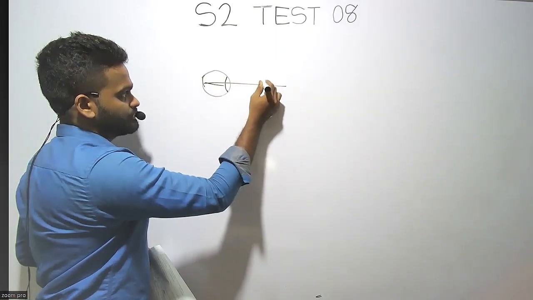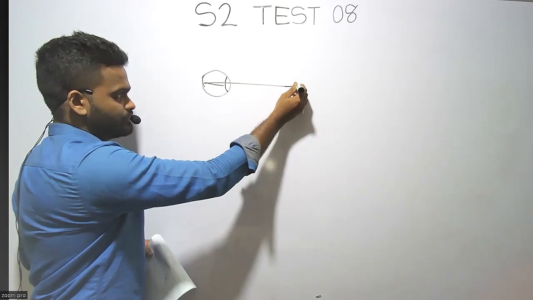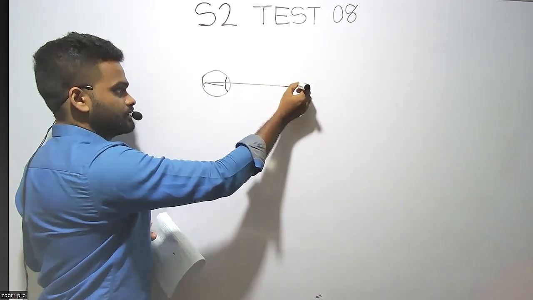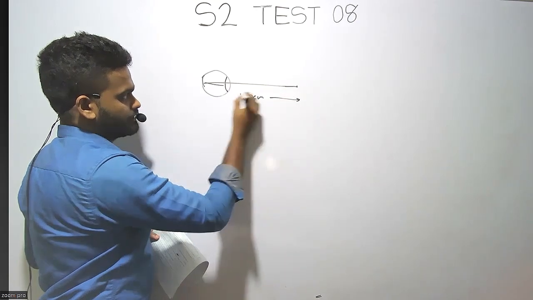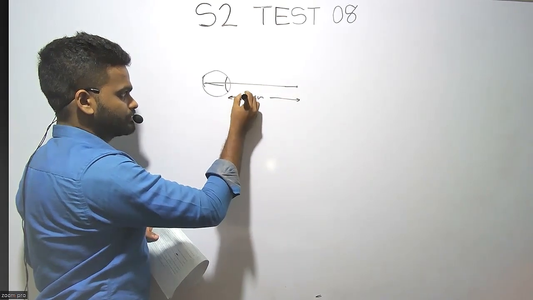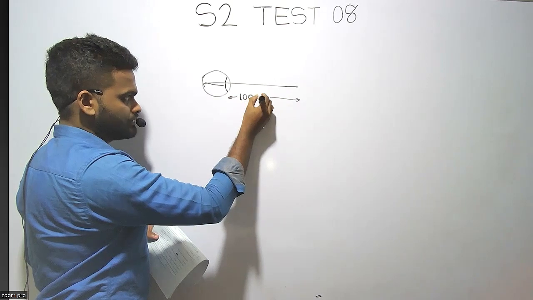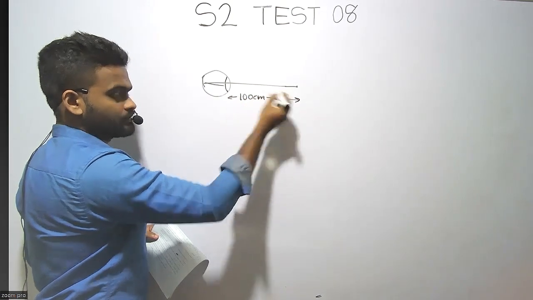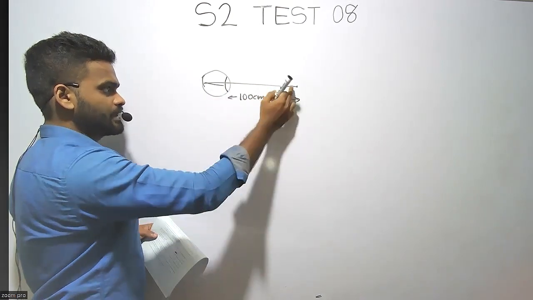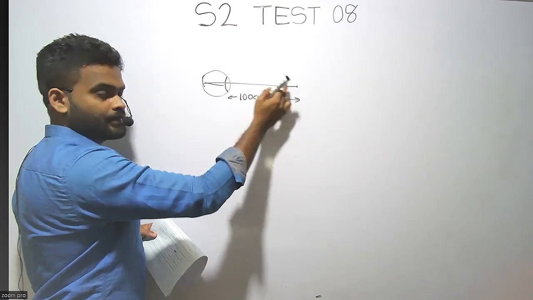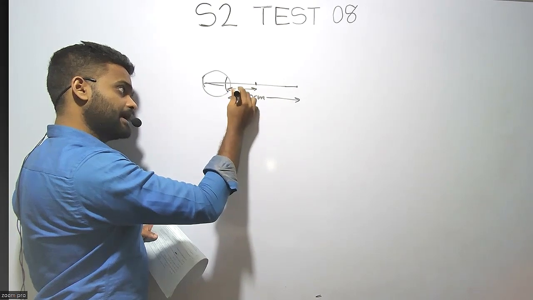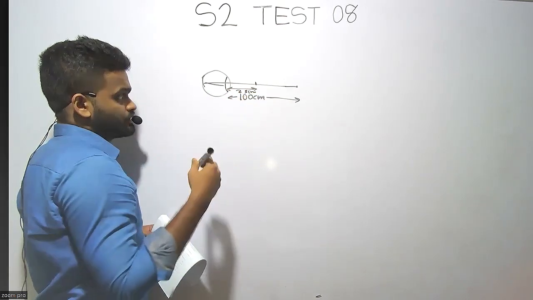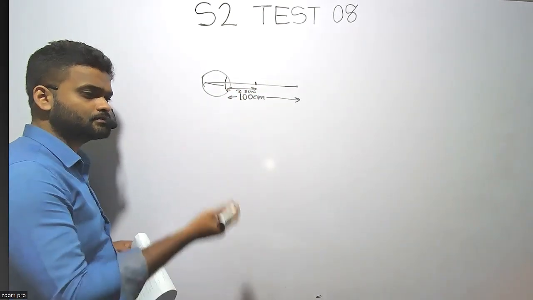But this eye can only see objects at 100 centimeters. But if you need to read a book or something, he cannot, right? Because the closest he can see is 100 centimeters. But he needs to see objects at 25 centimeters. So he needs a lens.